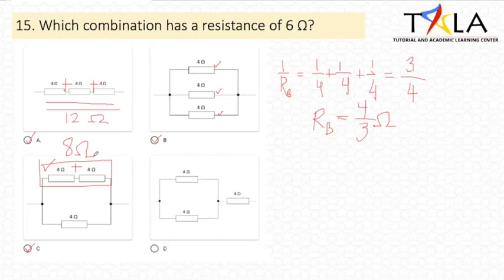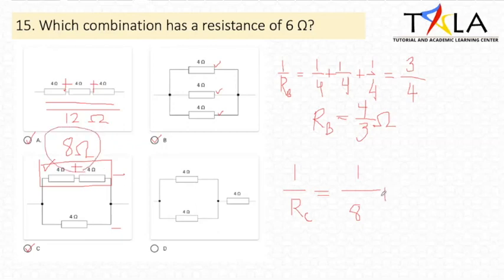Okay ba yan? And then, tsaka natin gamitin yung formula na to, kasi meron na tayong parallel circuit dito. So, 1 over total resistance ng C is equal to 1 over 8, kasi ito na yung kinuha natin, di ba? Plus 1 over 4 plus 1 over 4. So, again, find the LCD.